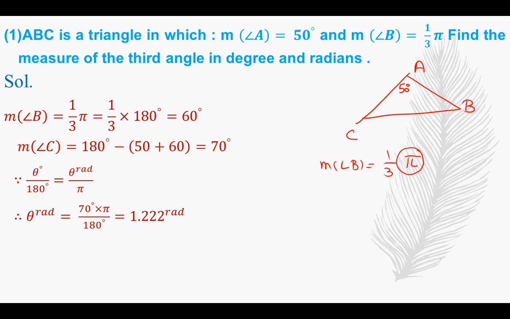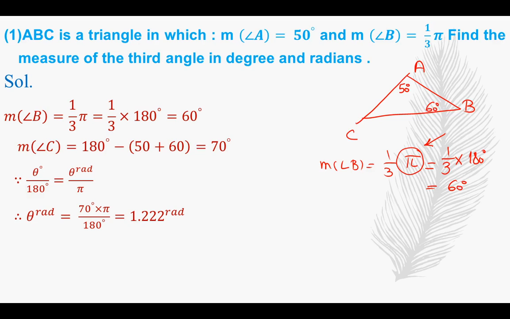The measure of angle B is given in radian measure. If you want to change it directly into degree measure, you replace π by 180. So it will be 1 over 3 multiplied by 180, which equals 60 degrees. So now the measure of angle B equals 60 degrees.